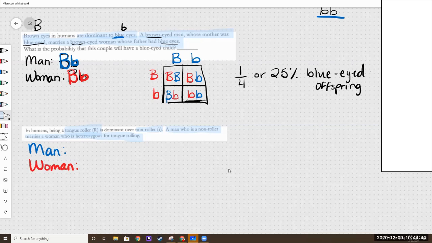I would like you to try and figure out also the genotypes for the man and the woman. So we have a non-roller, so he has the recessive trait, and a heterozygous woman for tongue rolling. Okay.